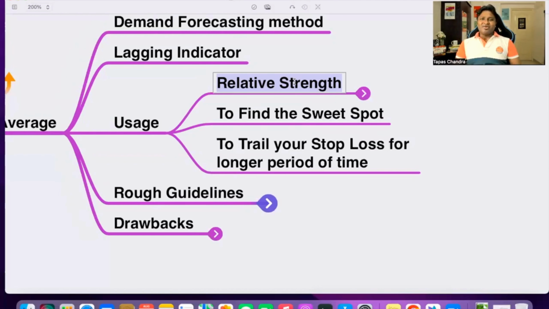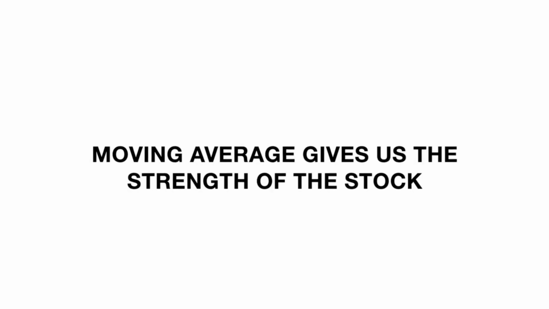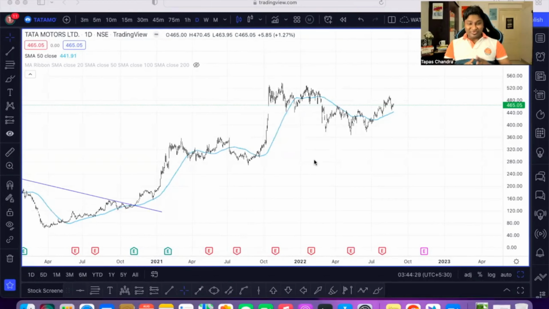So whenever we want to buy, we always buy the strong, and whenever we want to sell or short, we usually go for the weaker ones. Let's try to understand how this relative strength can be very useful. Moving average is one of the good ways to get the strength of a particular stock. That's why we usually use this mechanism to get the relative strength of the stock.